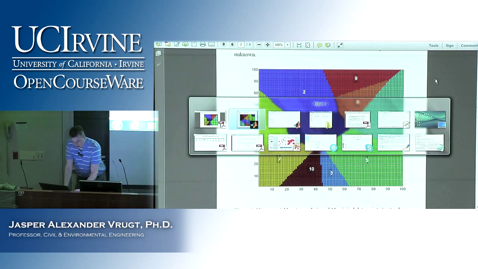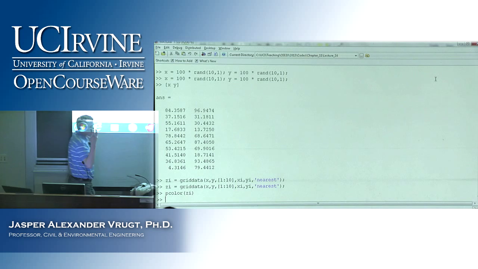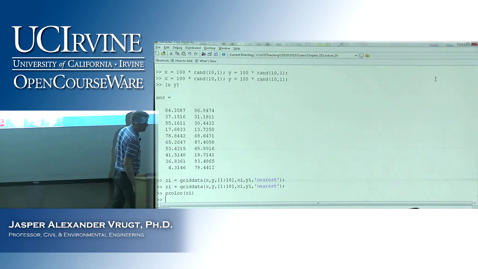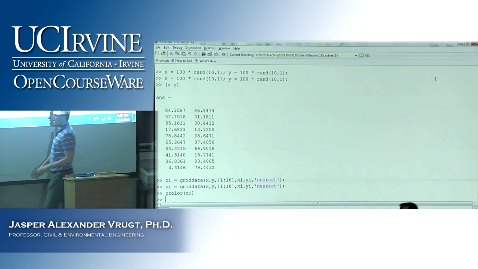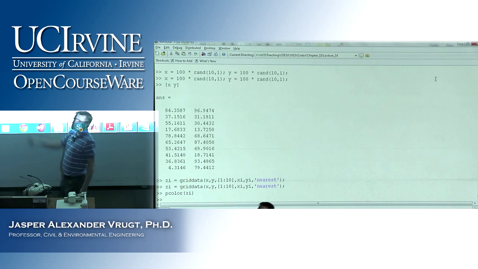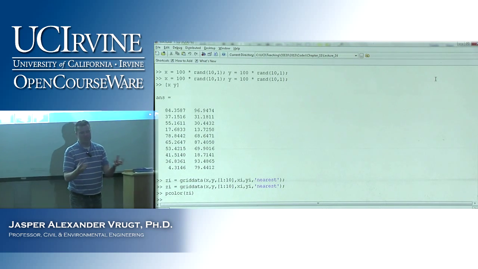So in this case, you need to use griddata. Somehow you need a computer algorithm. You cannot solve this analytically. You need a computer algorithm that tells you what x and y should be, or that starts from some initial value of x and y.